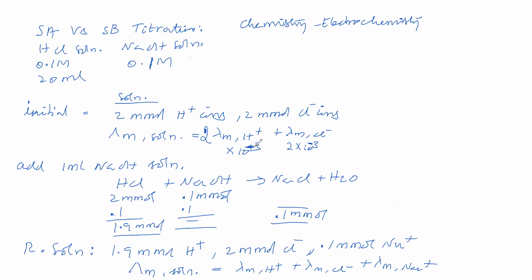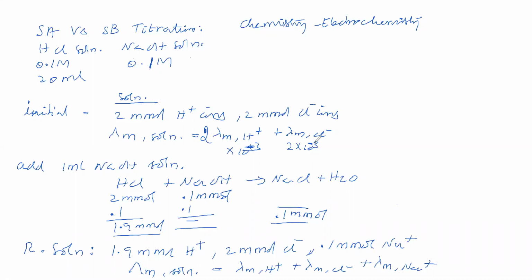If you multiply by 2 into 10 power minus 3, then we can say it is the conductivity of 2 millimoles of H plus ions. Here also we multiplied by 2 into 10 power minus 3.